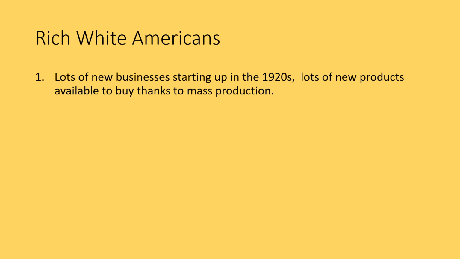So one of the things that rich white Americans have a massive impact on is this idea of lots of new businesses starting up. And I say they have an impact on it because of what we were talking about previously with supply and demand.